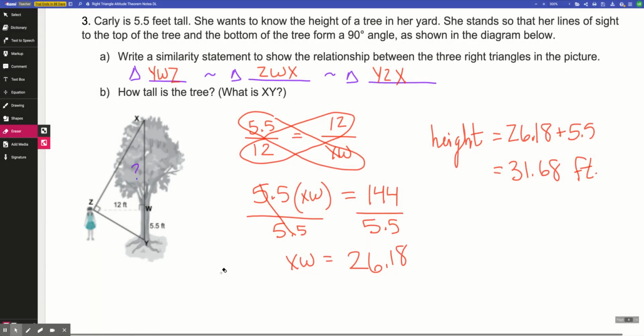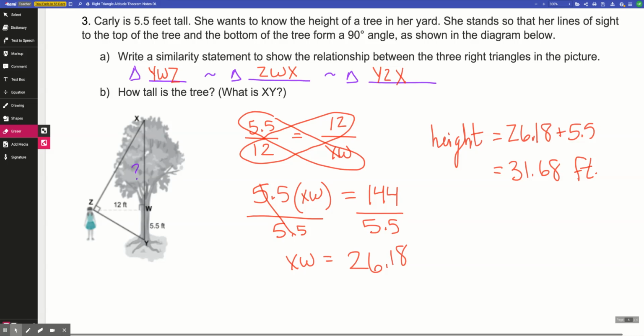Then for finding out how tall the tree is, I set up one of my fraction formulas. You're probably coming to notice that the first fraction formula that deals with the altitude comes up a lot more often than the second one. So I have my short divided by altitude equals altitude divided by long. My short segment of the hypotenuse is 5.5, my altitude is 12, and my long segment is XW.